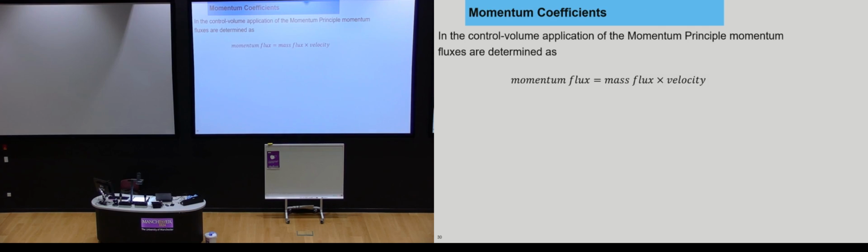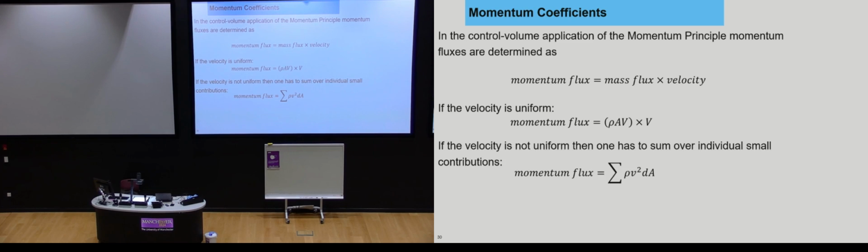The momentum coefficient considers the momentum flux and the mass flux multiplied together. So our momentum flux is equal to rho AV times V.